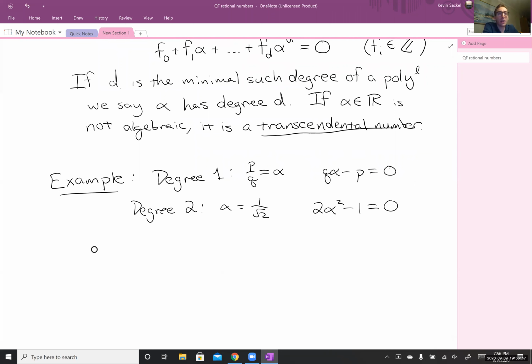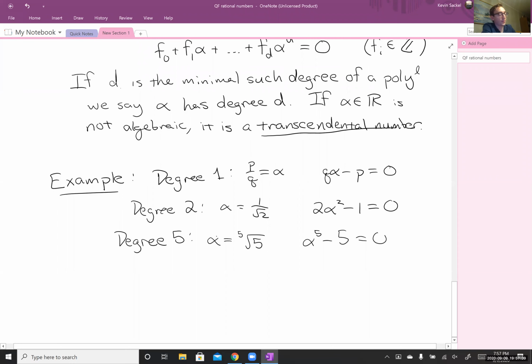Anybody want to give me a degree 5 algebraic number? Fifth root of 5. Great, the 5th root of 5 sounds great. So if I take alpha to be equal to the 5th root of 5, then it satisfies that alpha to the 5th minus 5 is equal to 0.